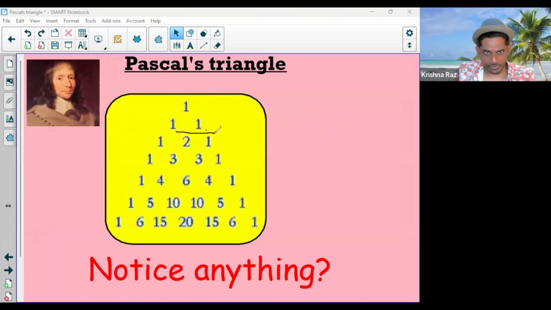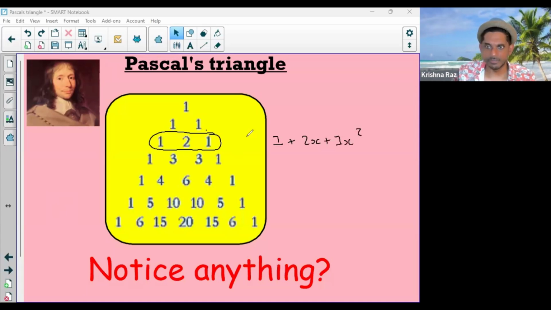If we notice here, those coefficients matched our 1 plus 2x plus 1x squared. You can see we have the 1, 2, 1. And when we did the next one, we had 1 plus 3x plus 3x squared plus 1x cubed.